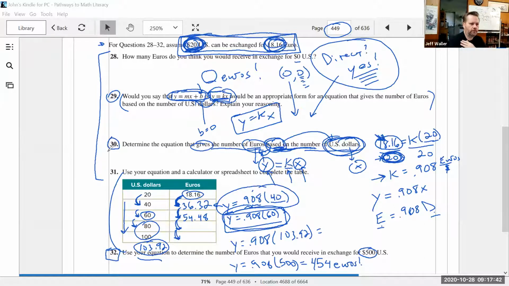All right. What if I exchange the other way? What if I am a European and I have 1,052 euros? How many dollars would I get for that?